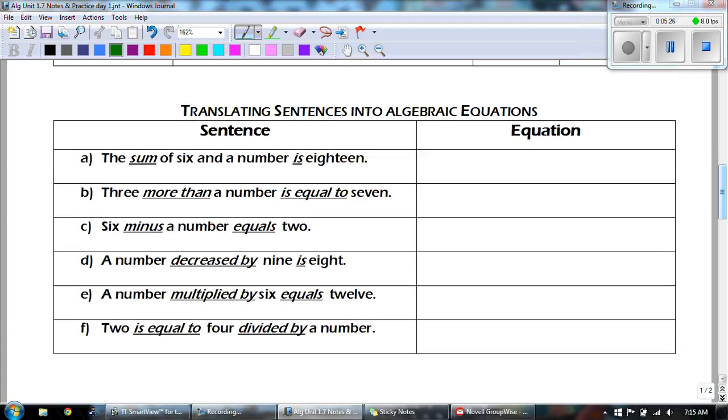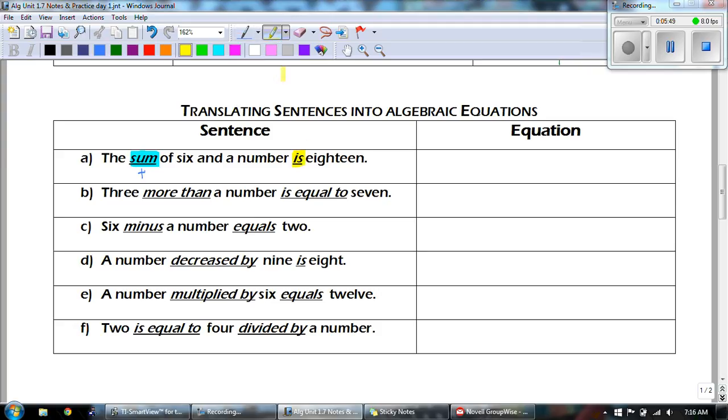So what we're going to do is translate these sentences into algebraic equations. The first one says the sum of 6 and a number is 18. We've got the word sum, so we know that sum means addition.